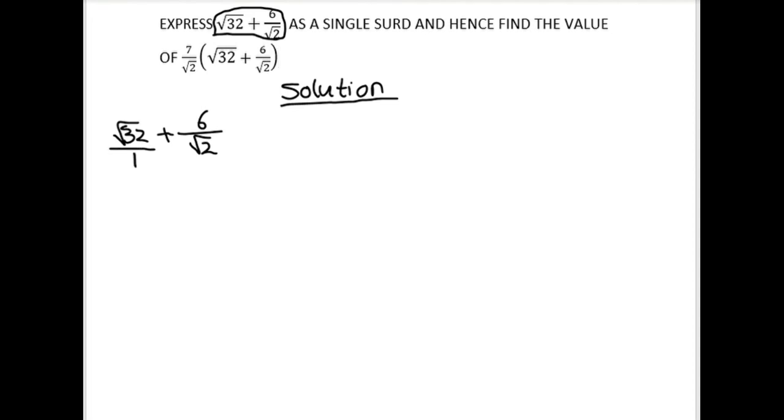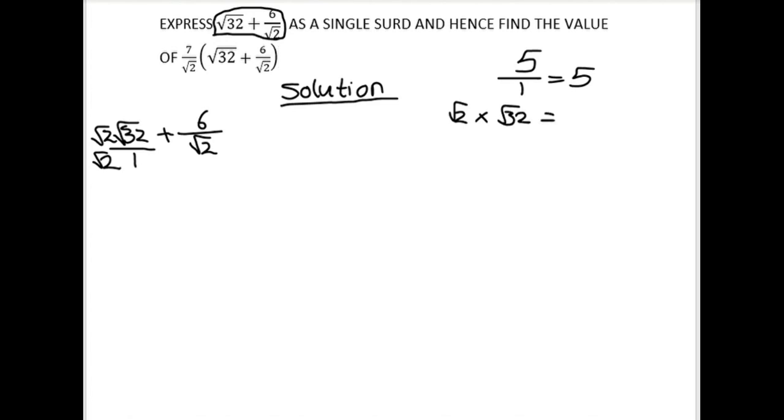We all know that beneath every whole number there is always an over 1, which is still that whole number. So I can now multiply top and bottom by the square root of 2. So I have here square root of 2 times square root of 32.